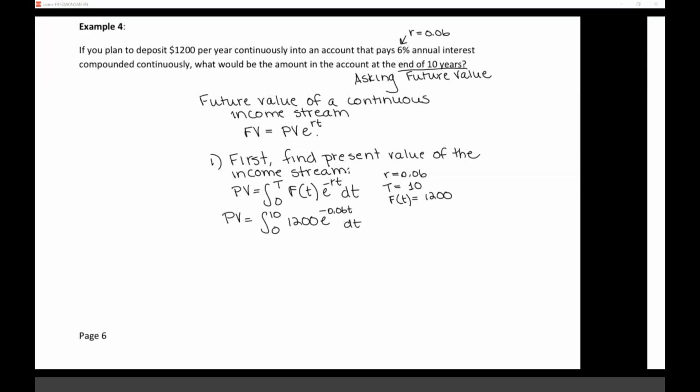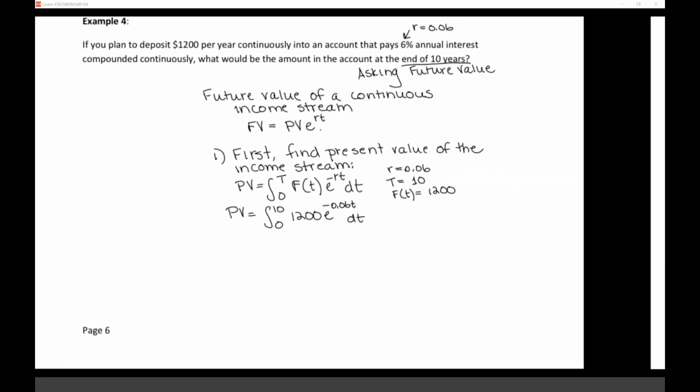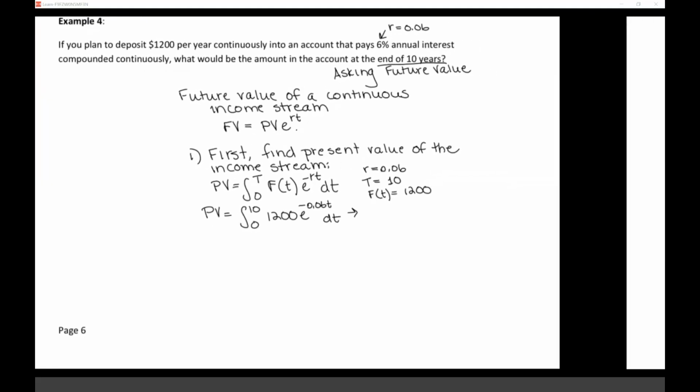So first find the present value. If I do this, I'm going to pull through the 1,200, and then integrate the e, which is going to be e to the minus 0.06 t over minus 0.06, evaluated from 0 to 10.